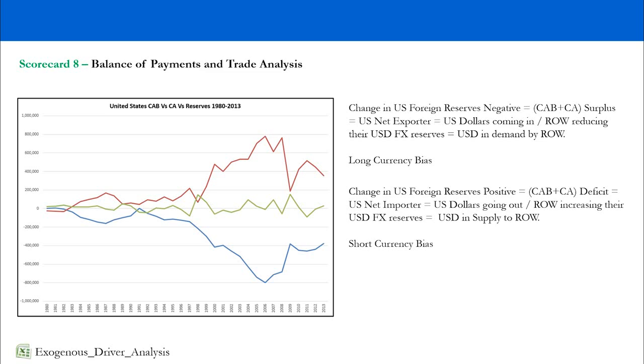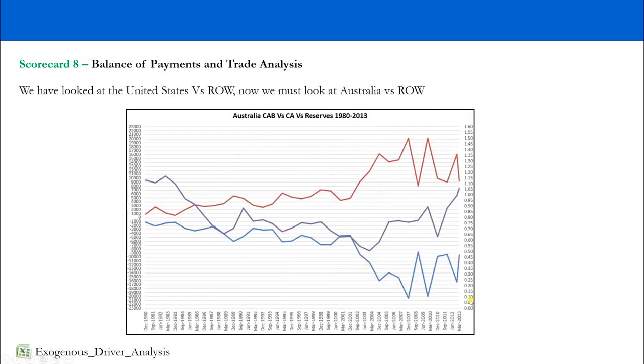So we're leaning towards this situation, but what we actually have to do is compare the accounts relative to the country that we choose to analyze when we're looking at it from an exogenous perspective. So we have to actually look at the same situation for Australia. So we've looked at the United States versus the rest of the world.